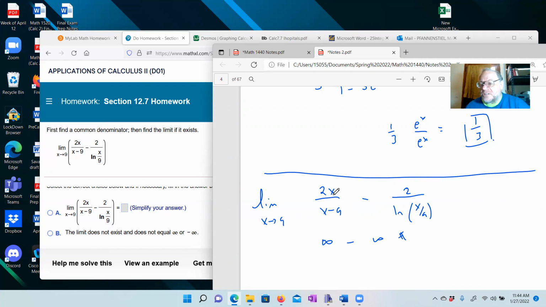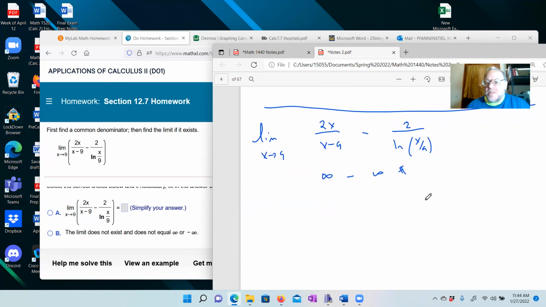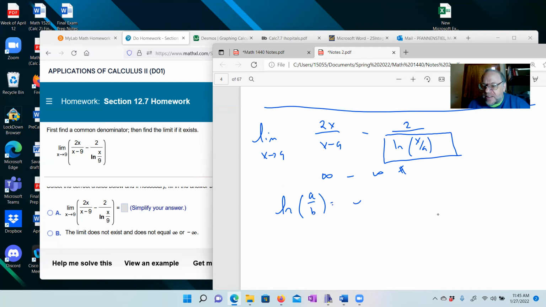So what we're going to do is combine this function. There's two fractions we could deal with, so we're just going to add the fractions up and see what happens. Now, this is panic inducing because natural log of a fraction is like the worst. Do you remember a natural log rule that said we have a over b and this is natural log of a minus natural log of b?